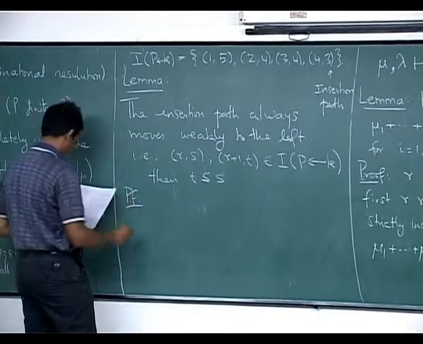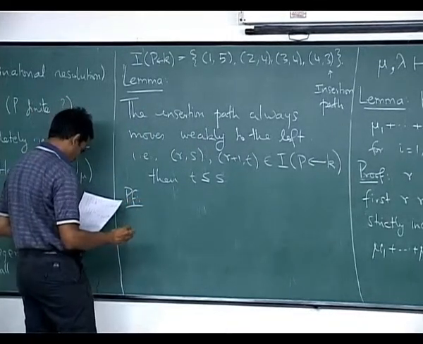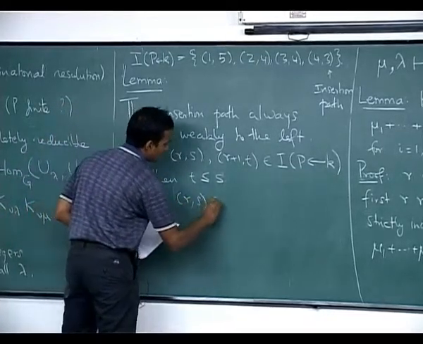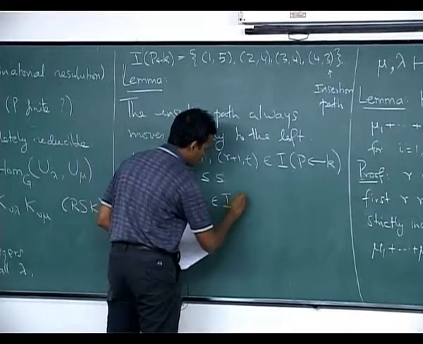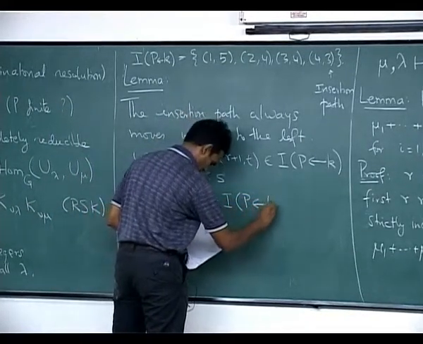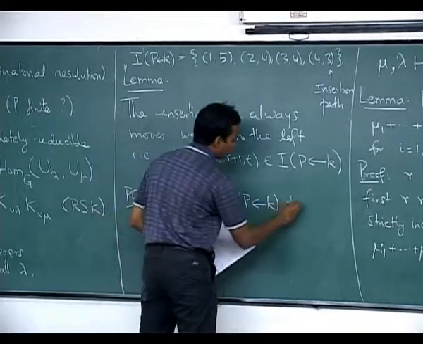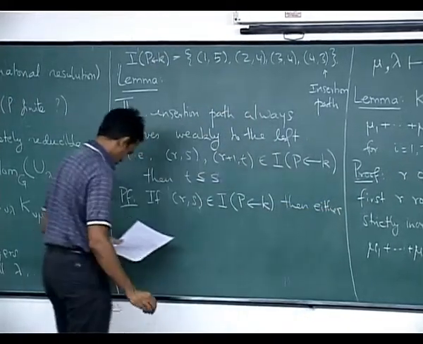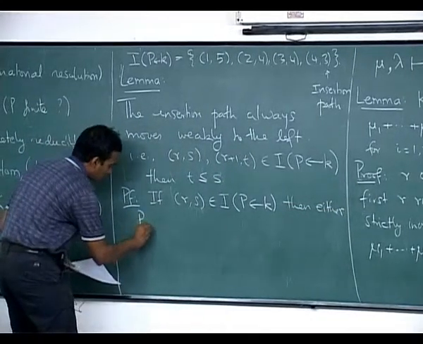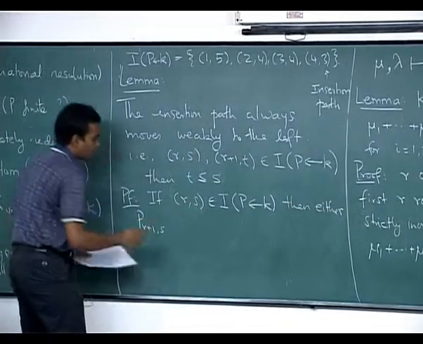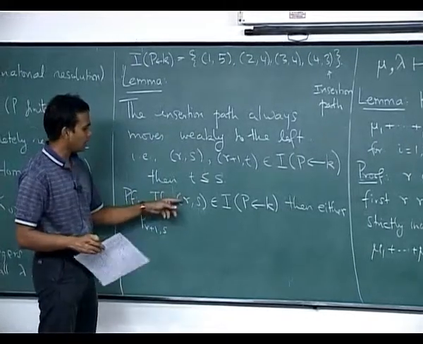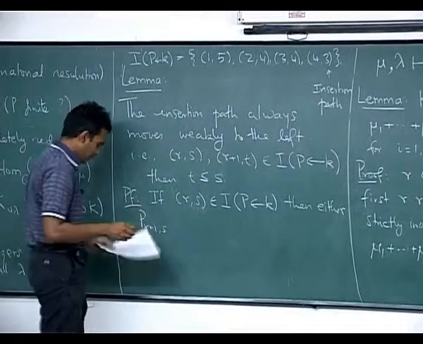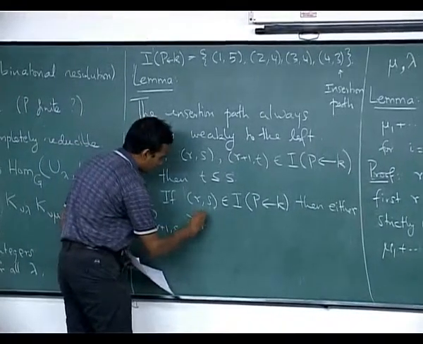Proof is actually nothing much. If (R, S) is in this insertion path, then there are two possibilities. P(R+1, S), that is the entry directly below (R, S), is strictly greater than P(R, S).